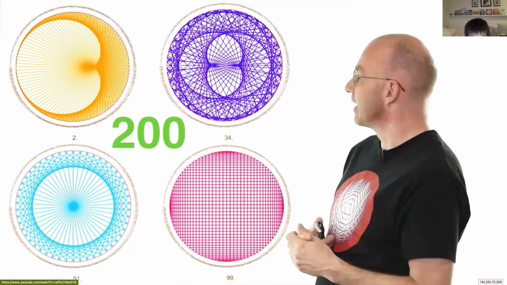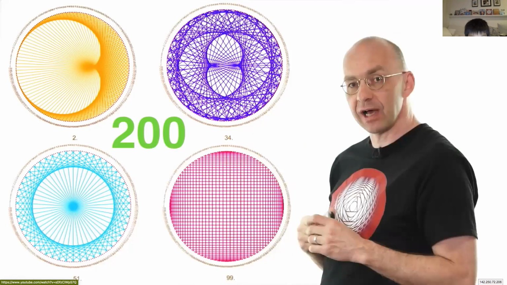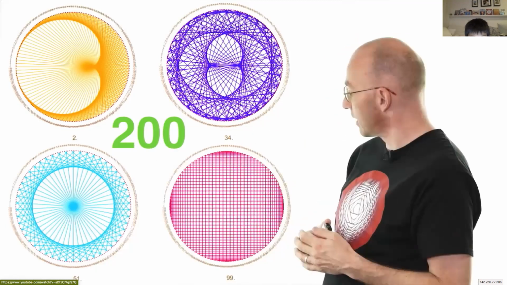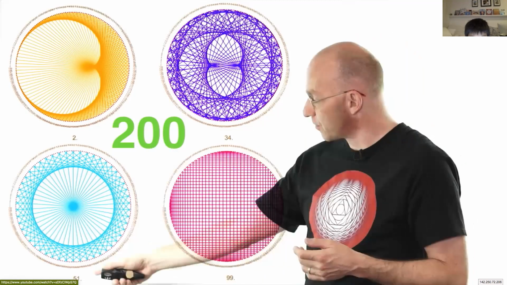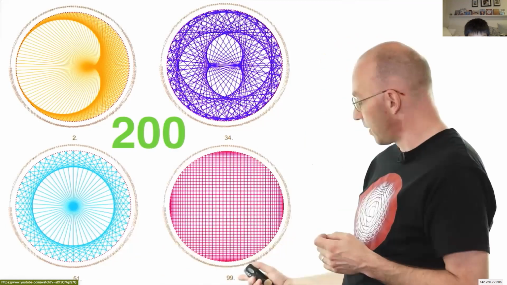For the 2 times table, we get the cardioid. For the 34 times table, modulo 200, we get this guy here. And then some other interesting things happen. If you multiply by 51, we get this guy here, and if you multiply by 99, we get that guy here.